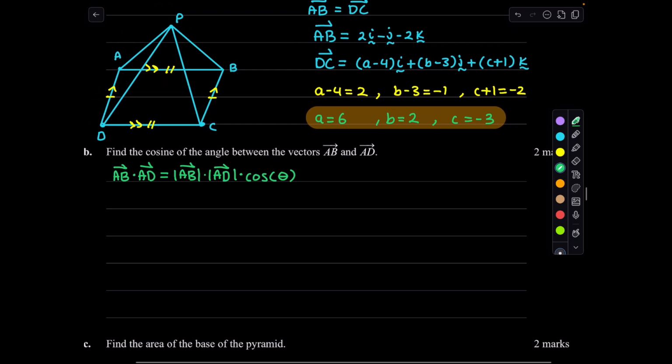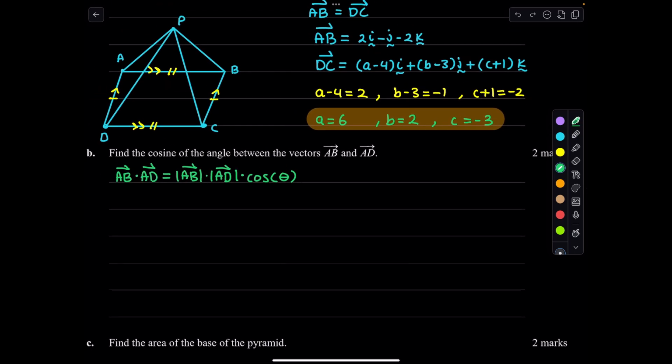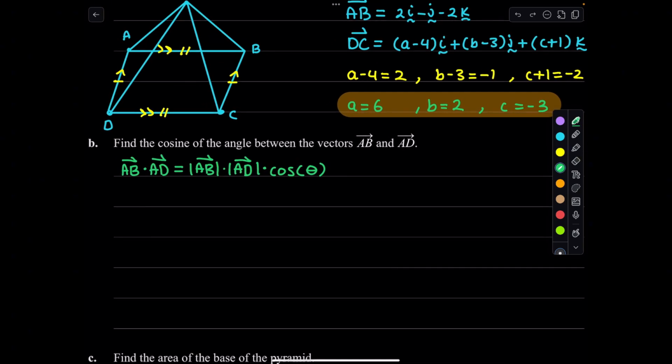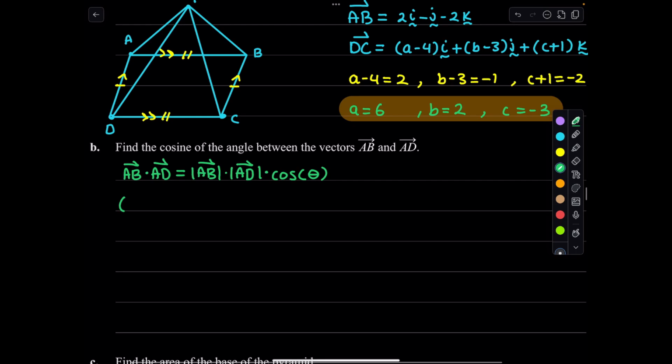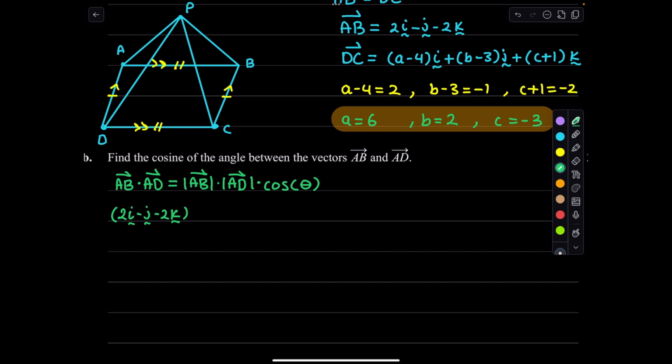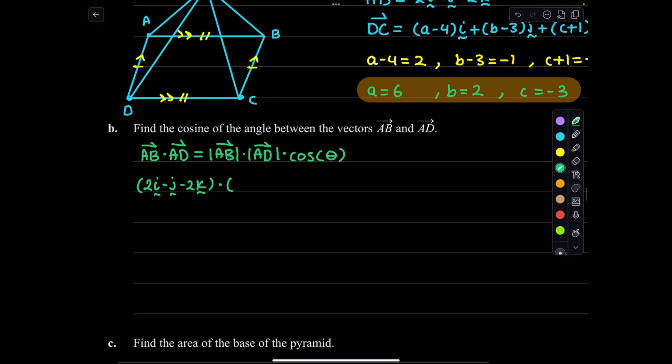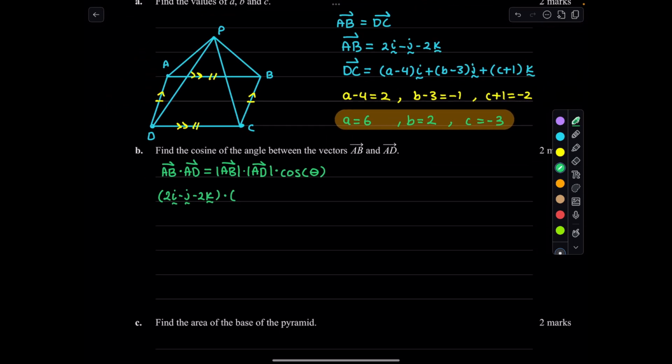Okay, so we got AB. You remember AB is right over here. So I'm going to write this. AB is 2i minus j minus 2k, dot, so times AD. So what's AD? Let's find it in our calculator.